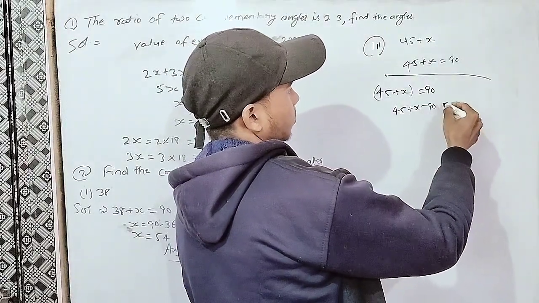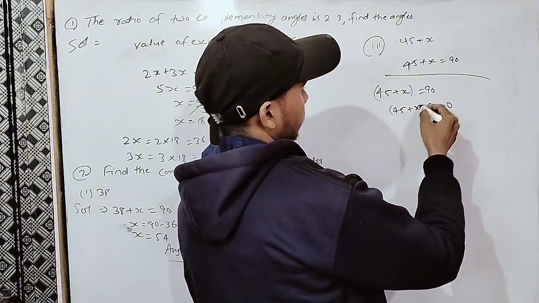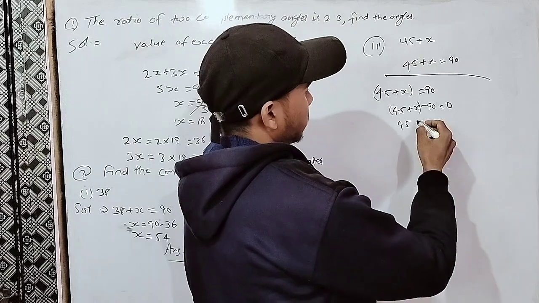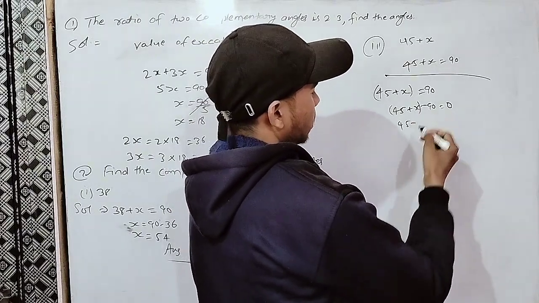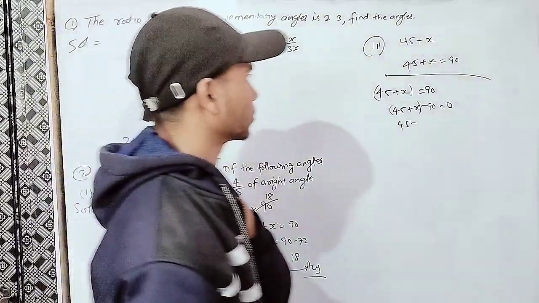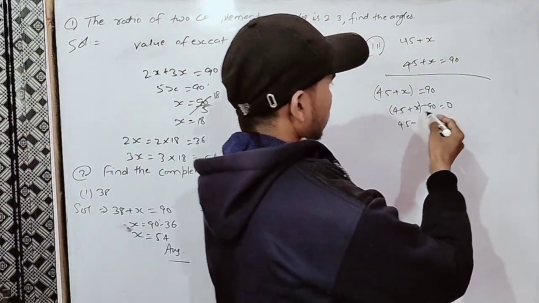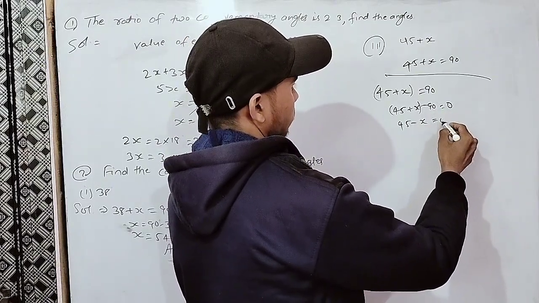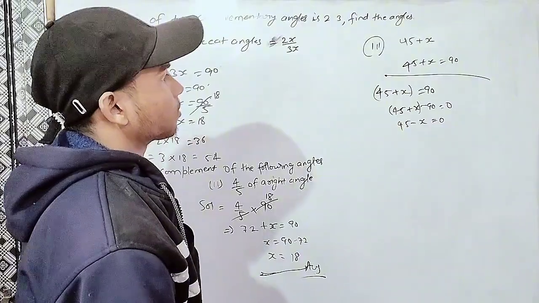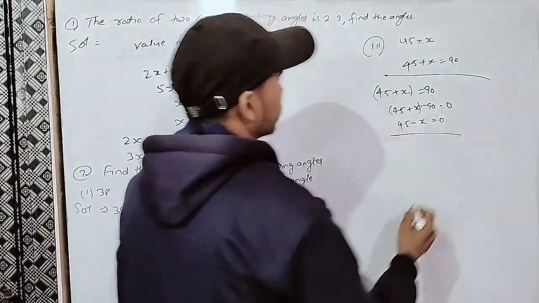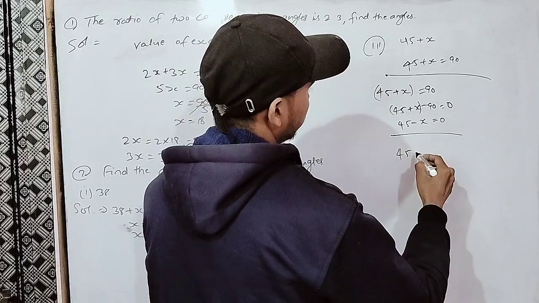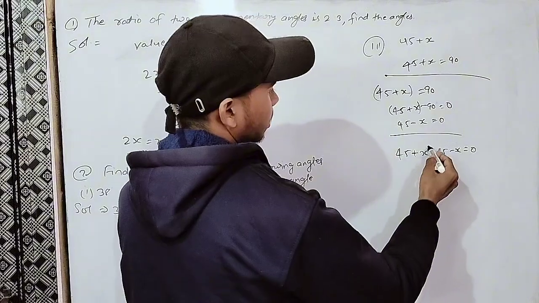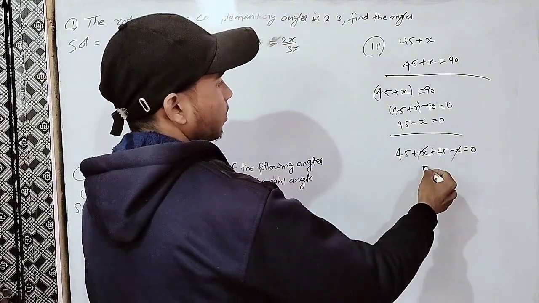This side would be minus, with the brackets, 45 subtracted. So here you can see 45 plus x, then 45 minus x. This x and this 45, 45, 90.